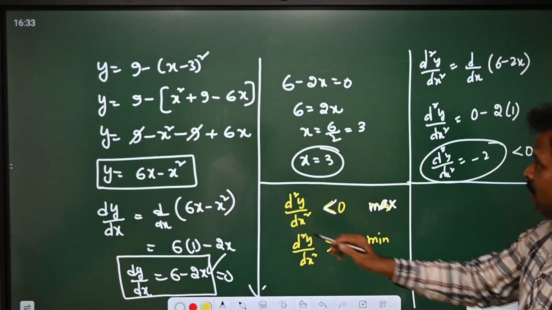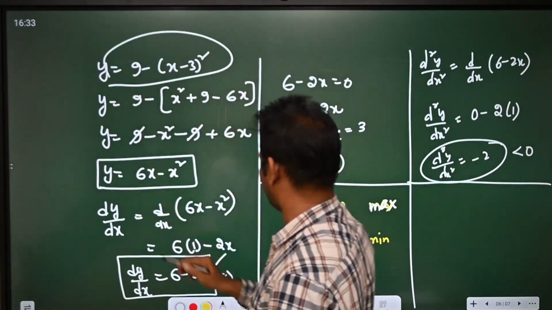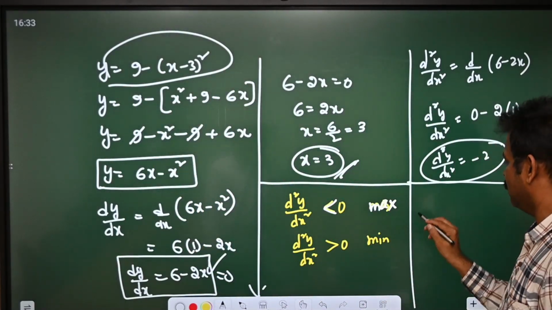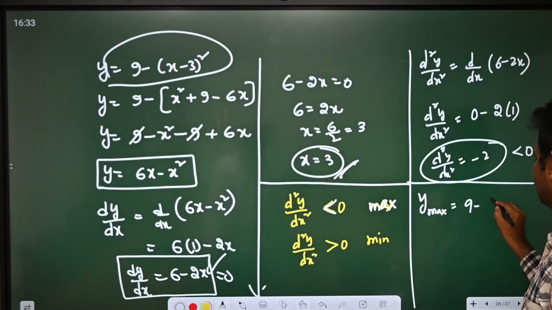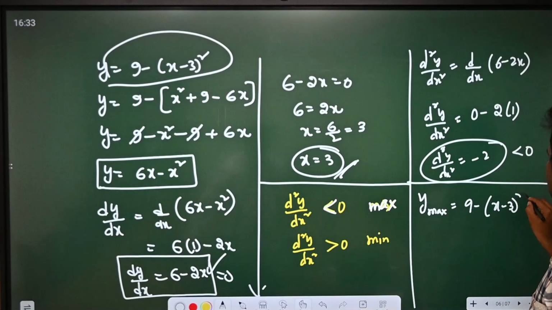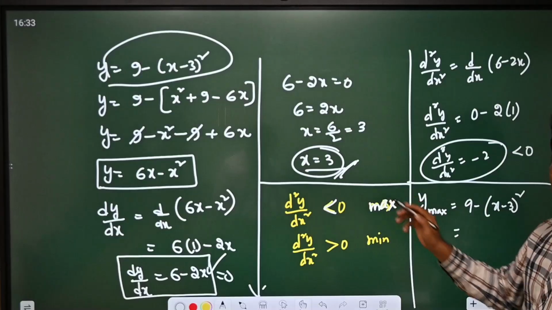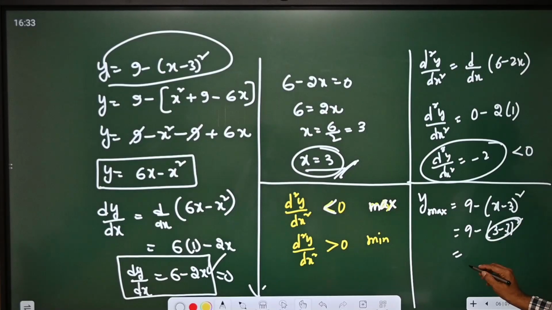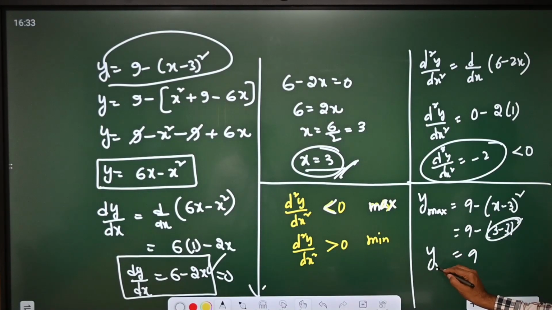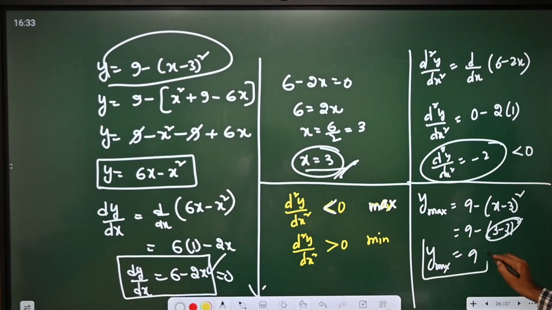So here y has a maximum value for x is equal to 3. So what is that y max, which is given by 9 minus x minus 3 whole square. When x is equal to 3, we can write 9 minus 3 minus 3 whole square. This will become 0. So y maximum value is equal to 9.